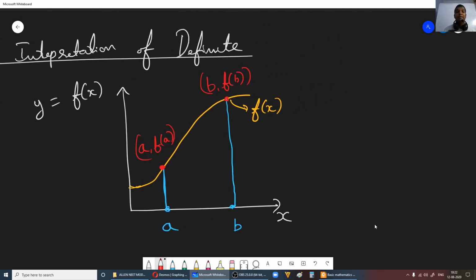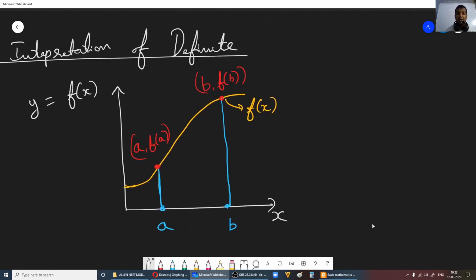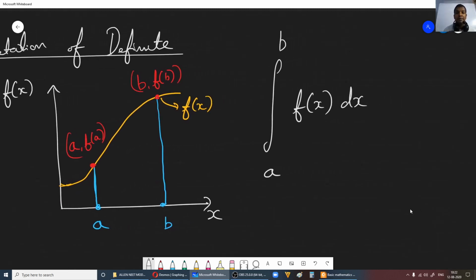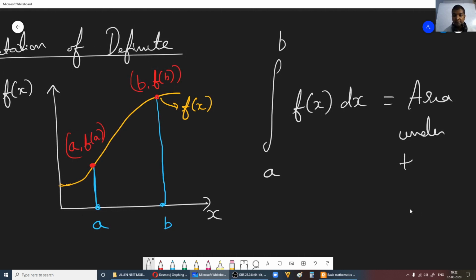Now when I say integration of f of x with respect to x between the limits a and b, this will give you the area under the curve between a and b.